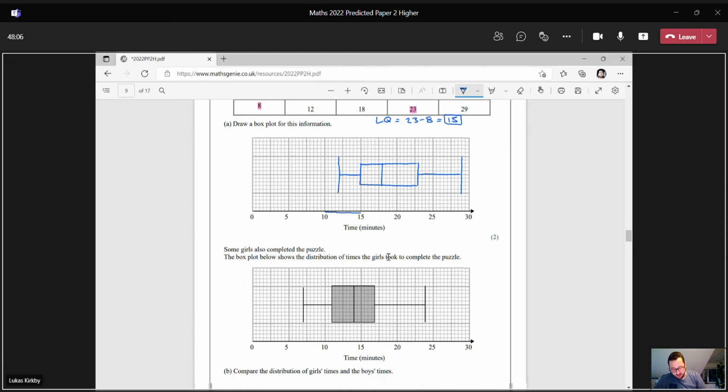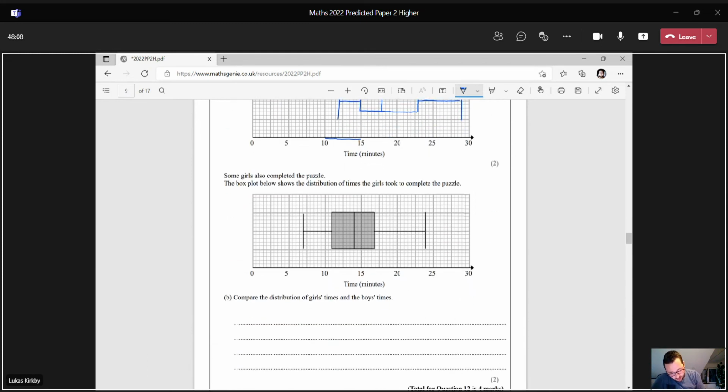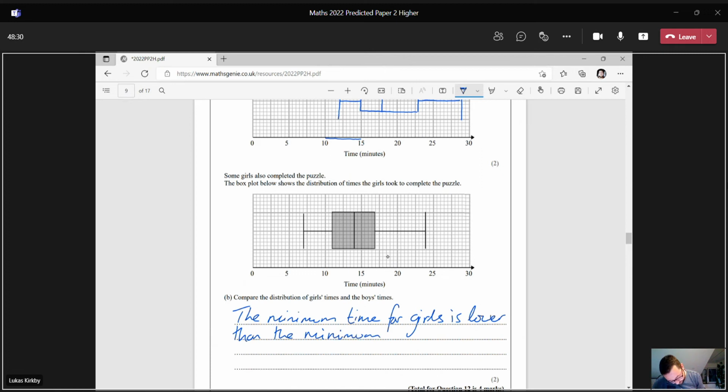So the minimum for girls is lower than the minimum for boys. And we could say the maximum is lower than the maximum for boys.